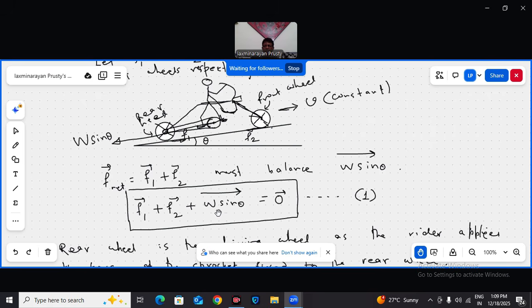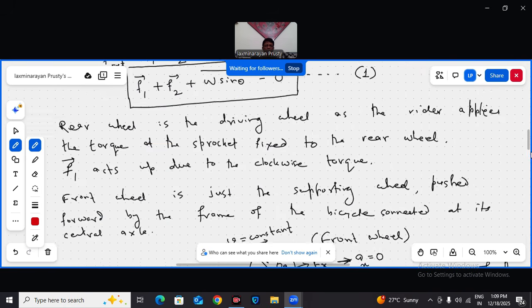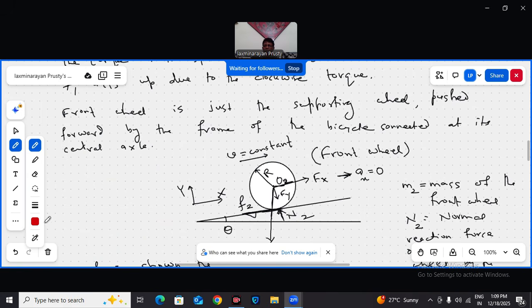So W sine theta plus F1 plus F2 should be 0, because along the inclined plane the acceleration is 0. That's why we can write like this. Agreed?